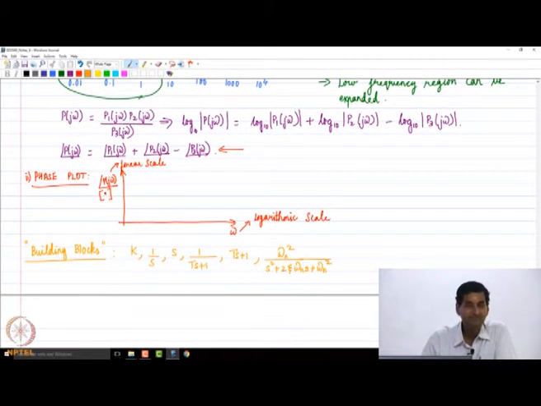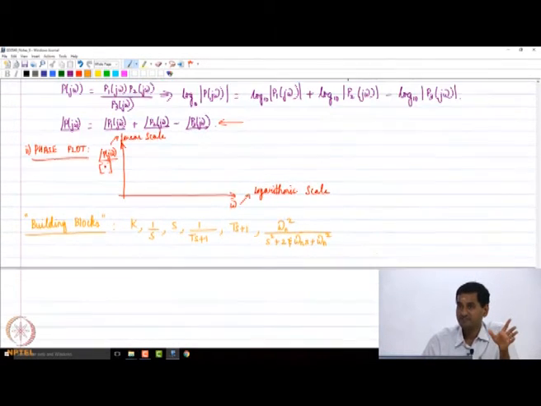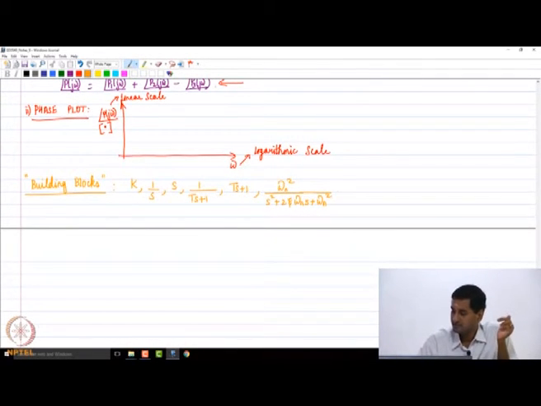So we can have such a second order factor which cannot be factorized into real factors in the denominator. Same way I can have a second order factor in the numerator of the transfer function. So these are all potential factors.